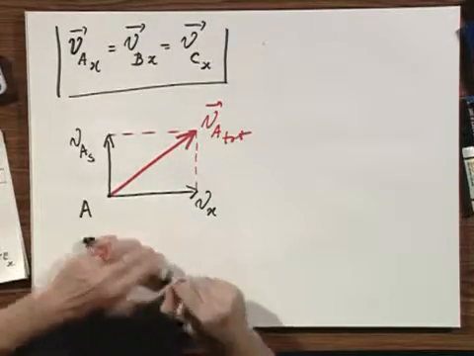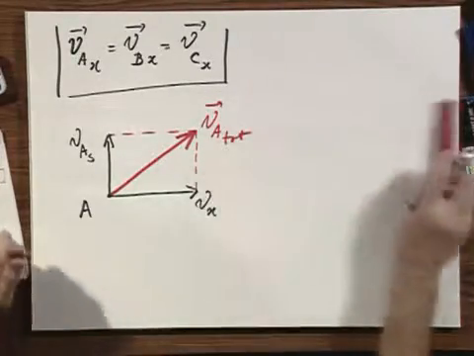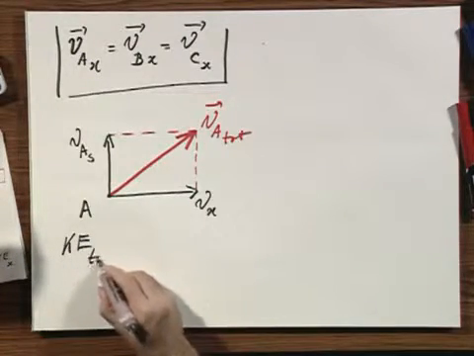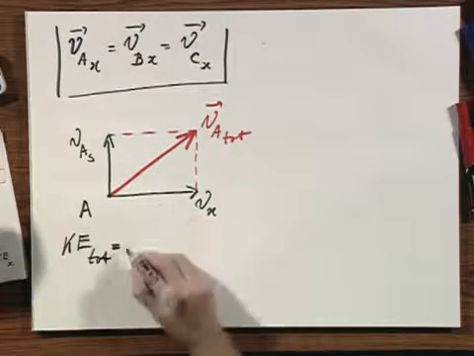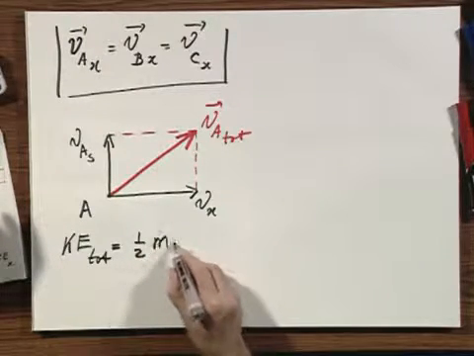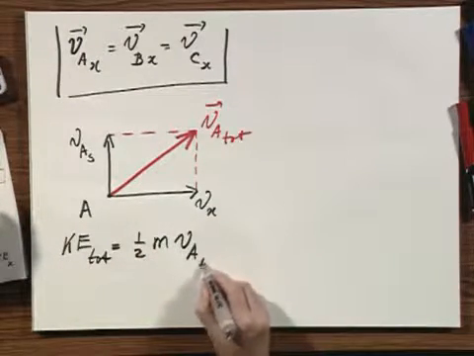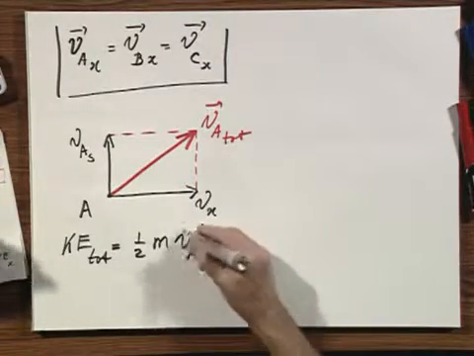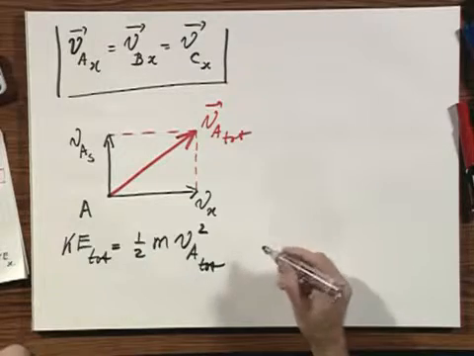And so if we want to know what the kinetic energy total is of A, kinetic energy of A total, that is 1/2 m times V of A total squared. I don't need the arrow because this is a scalar, VA squared.